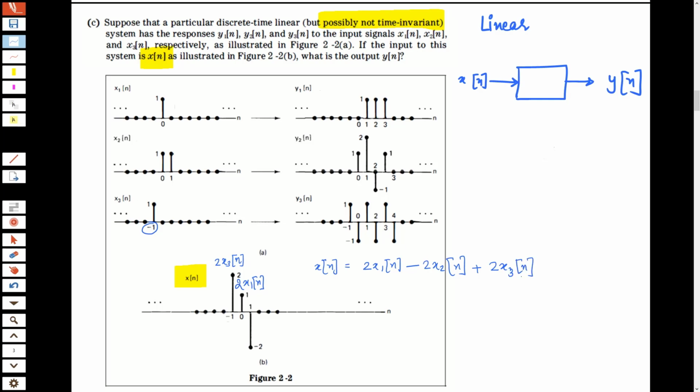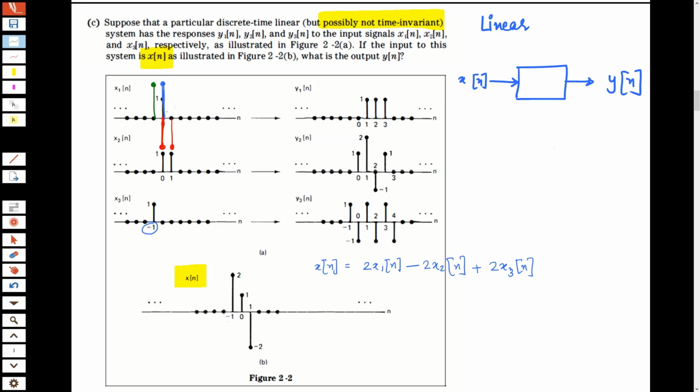Do you think it's going to work? On the same time scale, 2x1[n] would mean this, minus 2x2[n] meaning this, plus 2x3[n] means this.